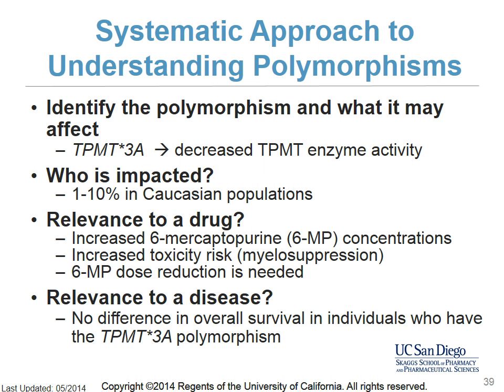The TPMT star 3A allele may result in increased 6-mercaptopurine concentrations. Higher amounts of the prodrug lead to increased production of the active metabolite. This increases the risk of toxicity, including myelosuppression. Consequently, a 6-MP dose reduction may be called for in patients carrying the TPMT star 3A allele. Fourth, consider the relevance of the polymorphism to a disease. In this case, there is no difference in overall survival in individuals who have the TPMT star 3A polymorphism.